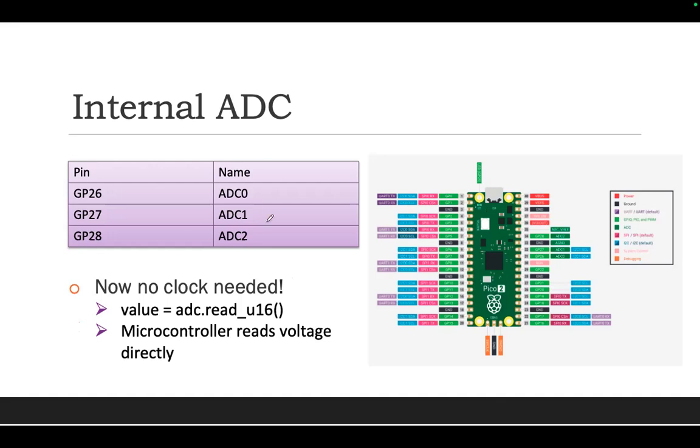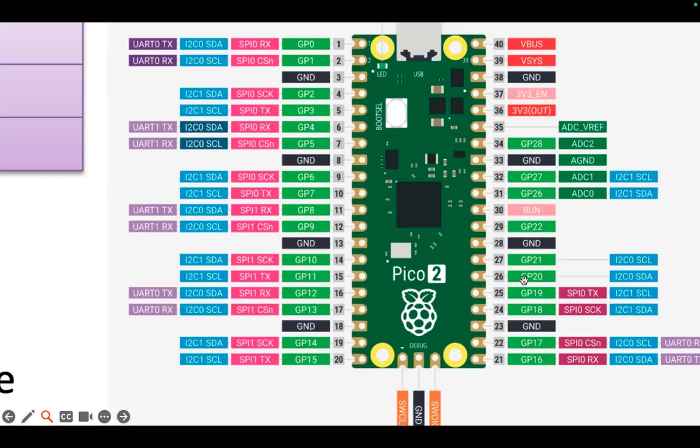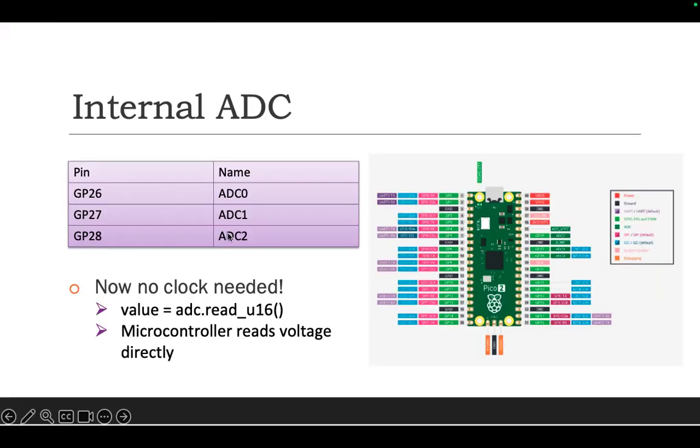This is the pin for the internal ADC. For the internal ADC, no clock is needed because the Pico already has one. Let me ask you: there are 3 different ADC pins, 0, 1, 2. Do you think those 3 are the same? Why are they not the same?